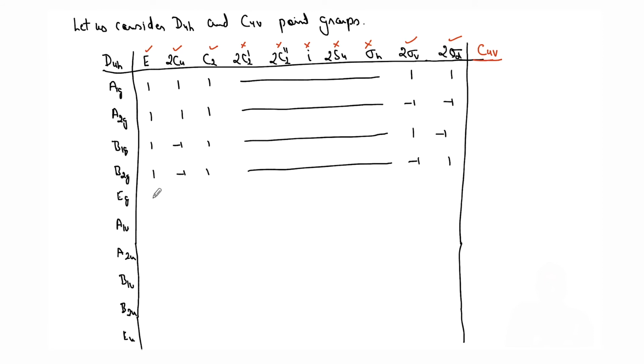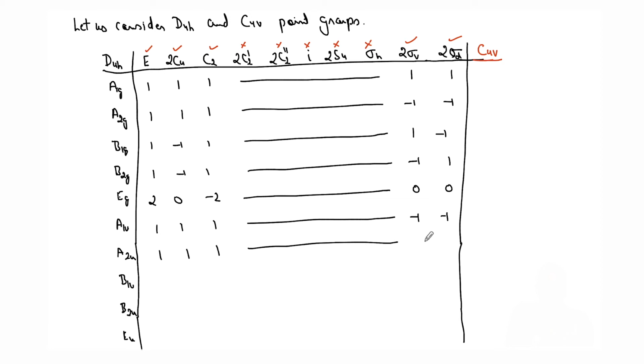Eg has 2, 0, -2, and this is 0, 0. Then again we have 1, 1, 1, and we have minus 1 here. Then we have 1, 1, 1, 1, 1.